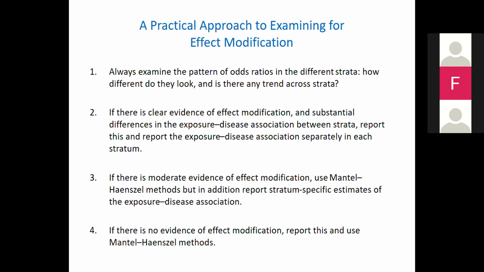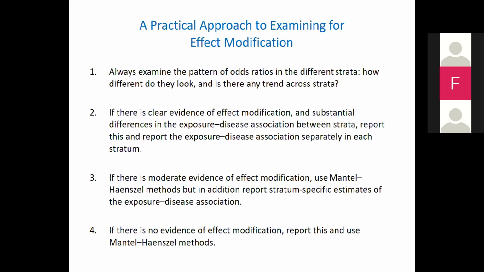What it's telling you is that the relationship between obesity and cardiovascular disease, the odds ratio for people less than 50 years, is different from that for people more than 50 years, and they are significantly different. That shows that it is effect modification.